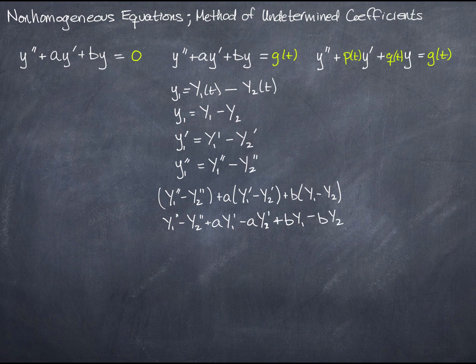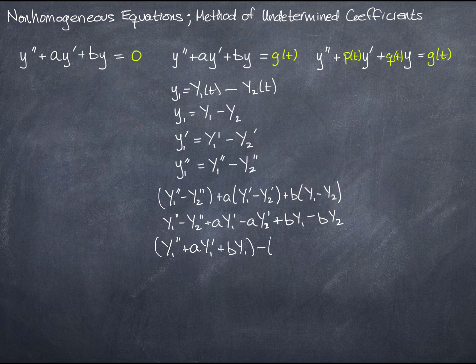Now notice that I have Y1 things and Y2 things, and all my Y1 things are positive, and all my Y2 things are negative. So let's rearrange these a little bit. I have Y1 double prime plus a Y1 prime plus b Y1, and I'll put that in parentheses.